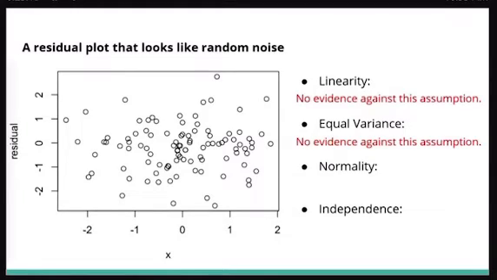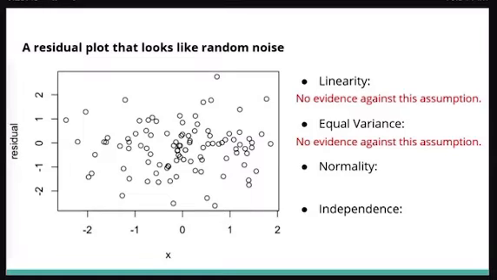When the values along the axis are increasing, the variance is constant, as you can see here. So using this residual plot, we do not have evidence against the linearity and equal variance assumptions.